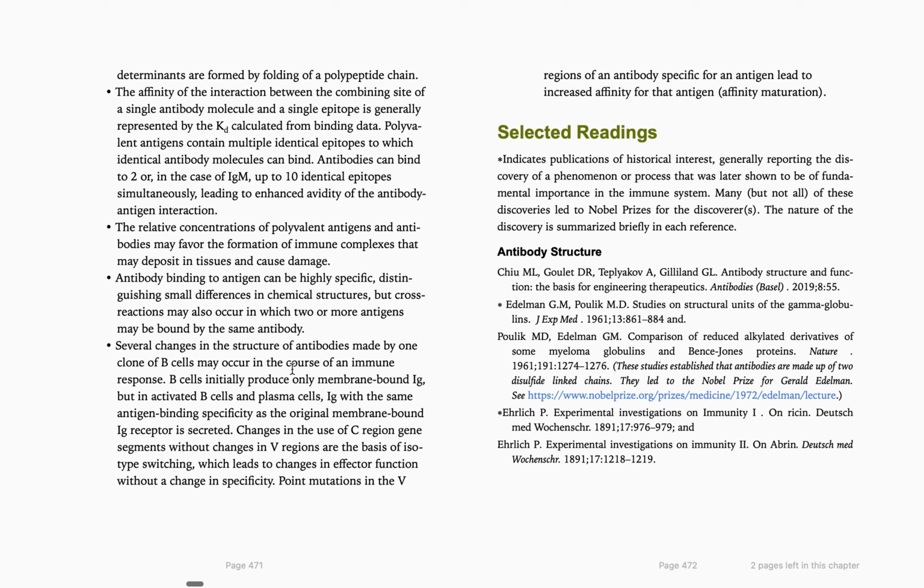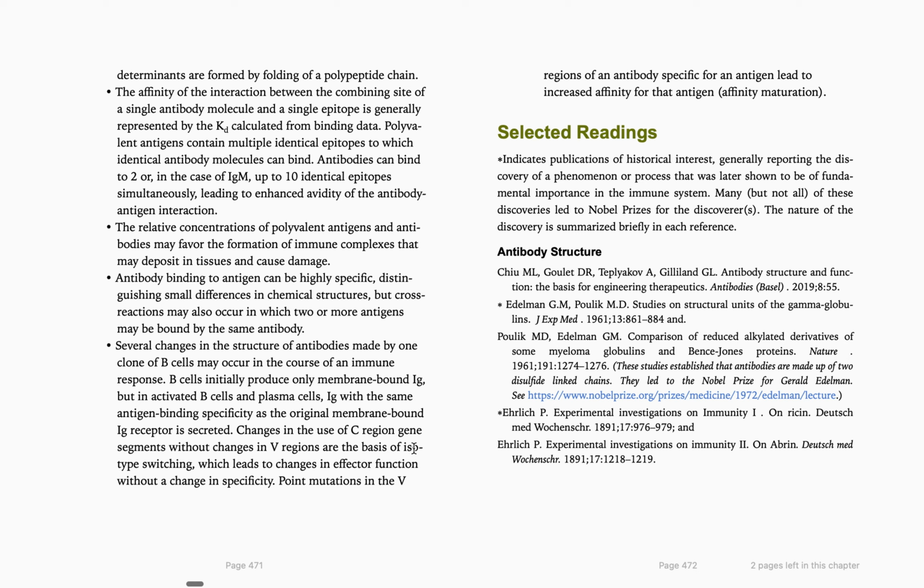Several changes in the structure of antibodies made by one clone of B cells may occur in the course of an immune response. B cells initially produce only membrane-bound Ig, but in activated B cells and plasma cells, Ig with the same antigen-binding specificity as the original membrane-bound Ig receptor is secreted.